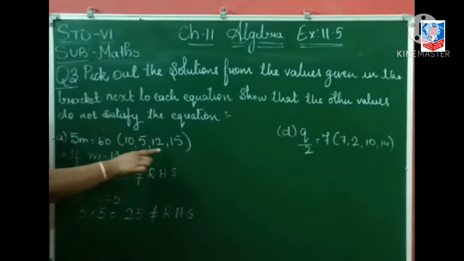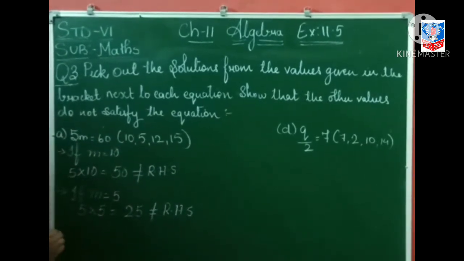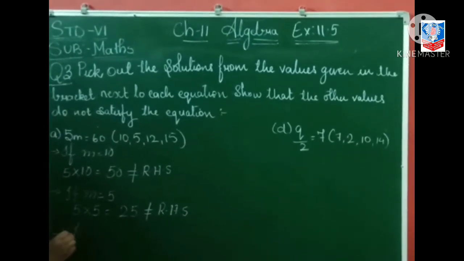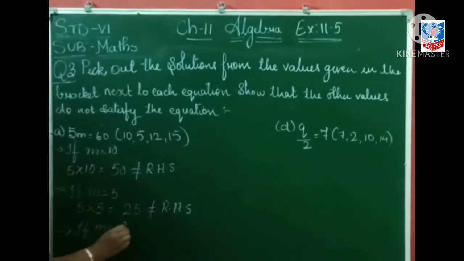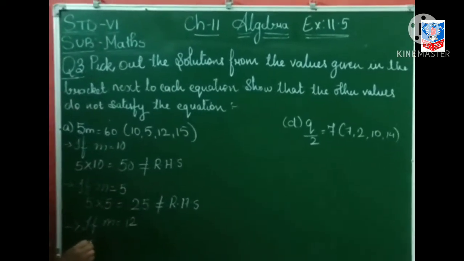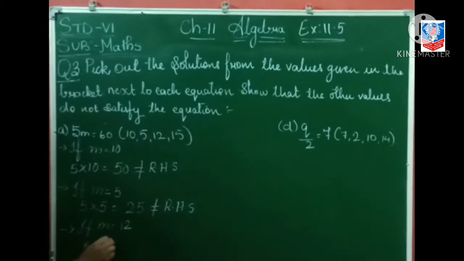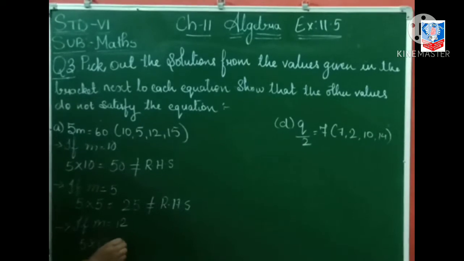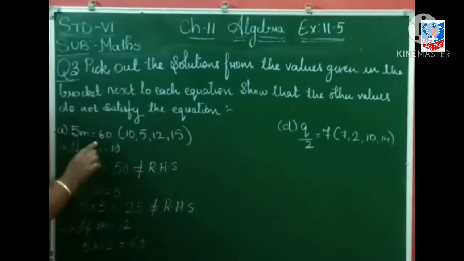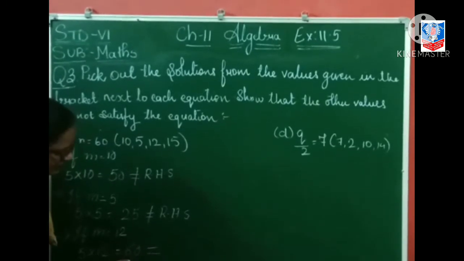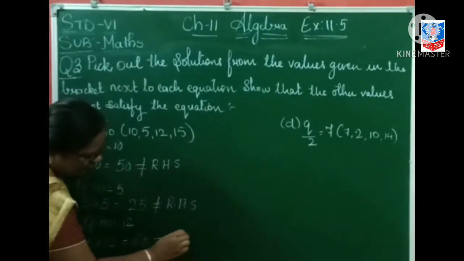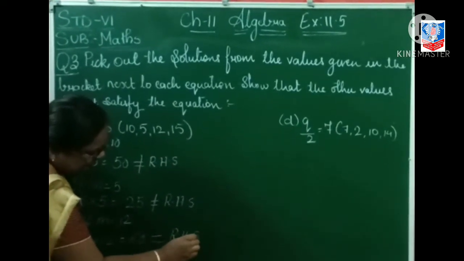Next, if the value is 12, if m is equal to 12, so 5 into 12 is 60. Our right hand side is also 60. That means left hand side is equal to right hand side.